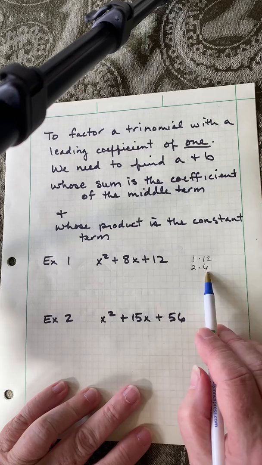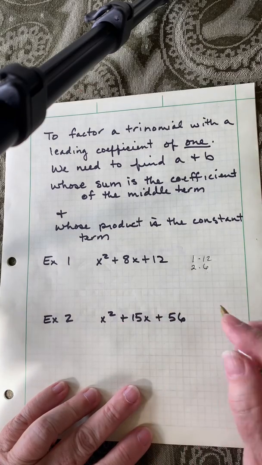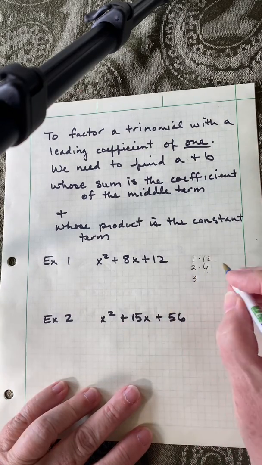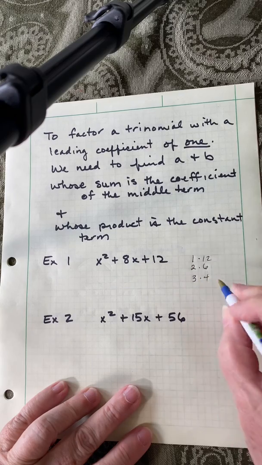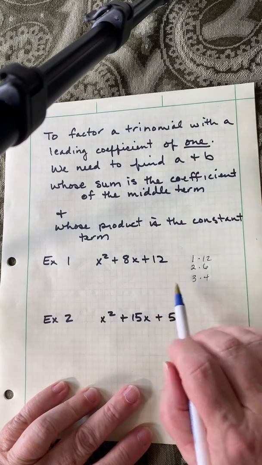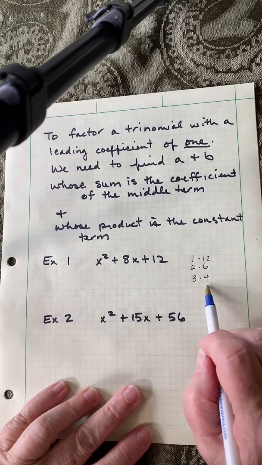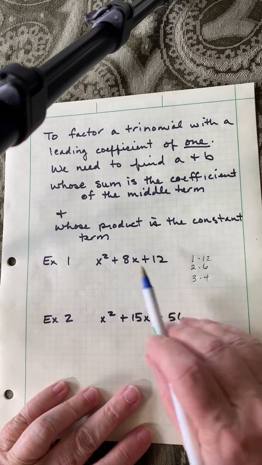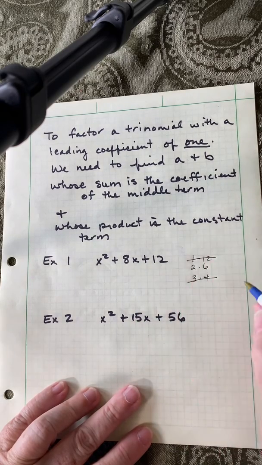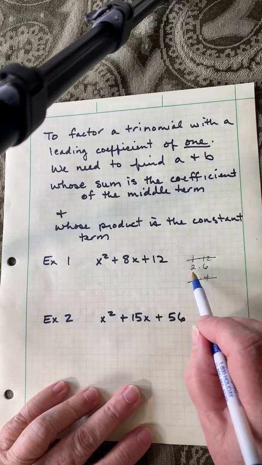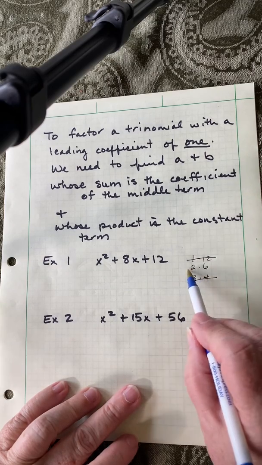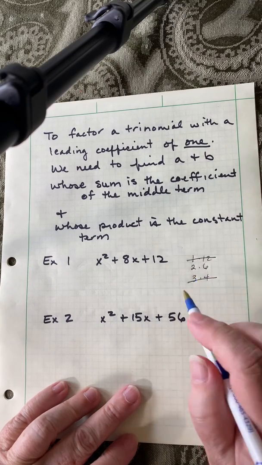And if I add them together, it gives me 8. So that would work. We have another combination here of 3 times 4. If I multiply those together, it gives me 12. But again, if I add them together, it does not give me the 8. So these guys right here don't work. And the numbers that I'm looking for are the 2 and the 6. And notice that they're both positive.